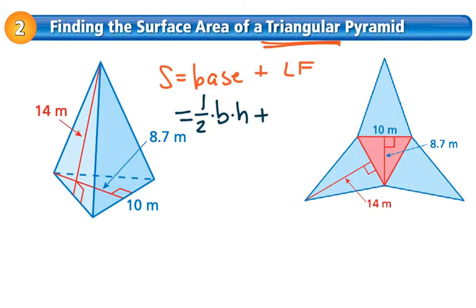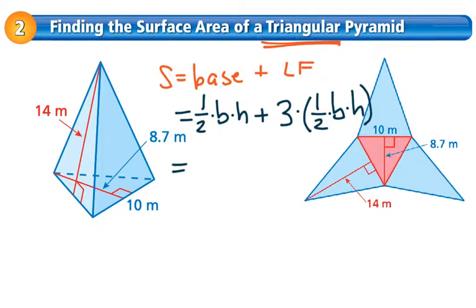Of course, there are 3 of them this time, so 3 times their areas, which is 1/2 times their base times their height. Now you'll notice that we have some decimal values here. So again, as I mentioned earlier, having a calculator handy is going to be beneficial to you. If you don't have one, it might be a good time to pause the video and go grab that before we continue. And then we'll start to find some areas.